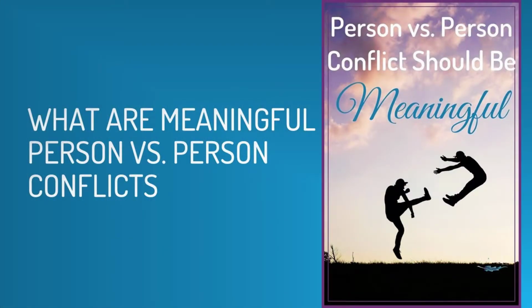Next, I want to cover what are meaningful person versus person conflicts. Person versus person is external because it is your character facing a force outside of themselves. The nice thing about person versus person conflict is it's very visual, so it translates well to other mediums, including film and TV.